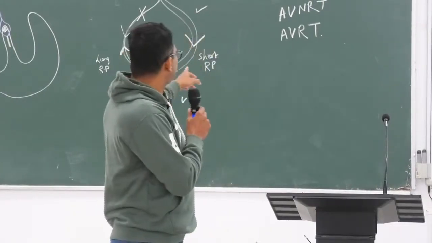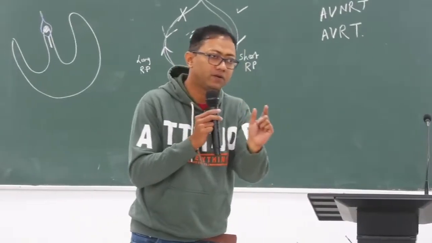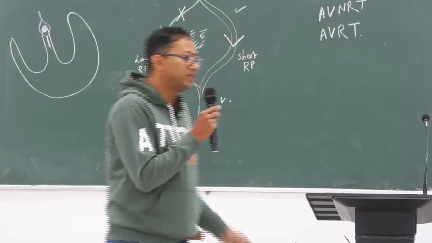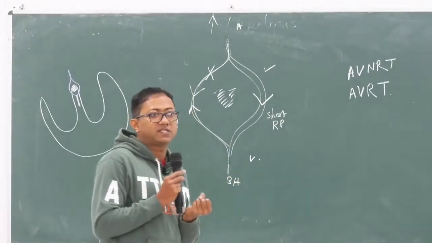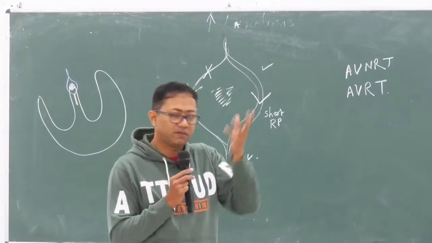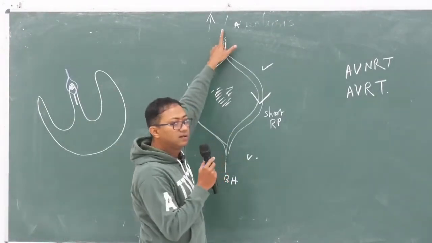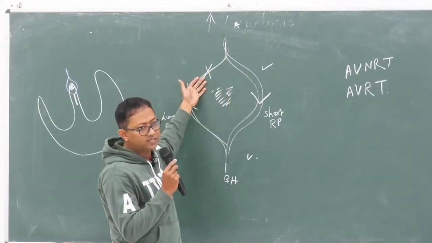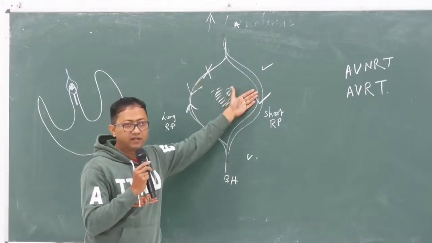The slow pathway has a short refractory period, so there is a lot of gap in between. Within this gap, the slow pathway will immediately accept the action potential coming from above. This pathway is refractory, it will not accept any impulse, but this is accepting.